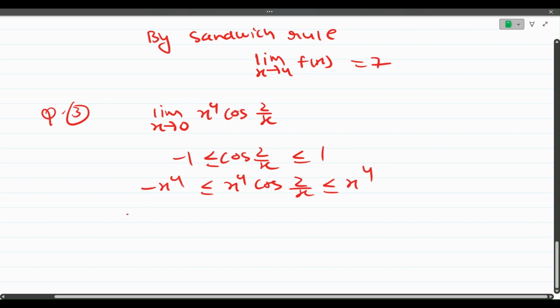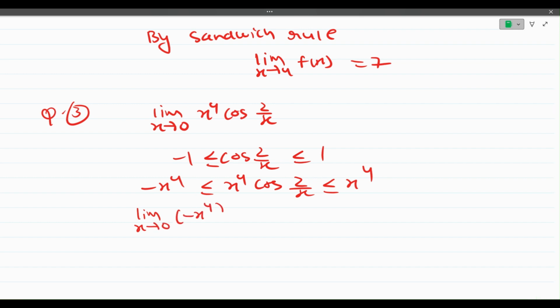Then we apply the limit here: the limit as x tends to 0 of negative x to the power 4, the limit of x to the power 4 cos 2 by x, and the limit of x to the power 4.